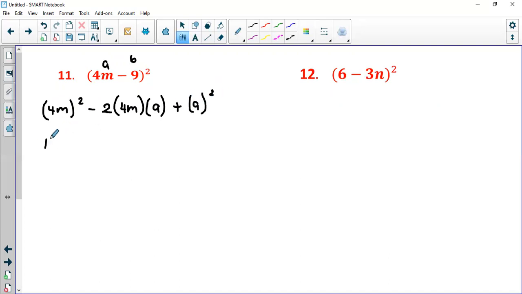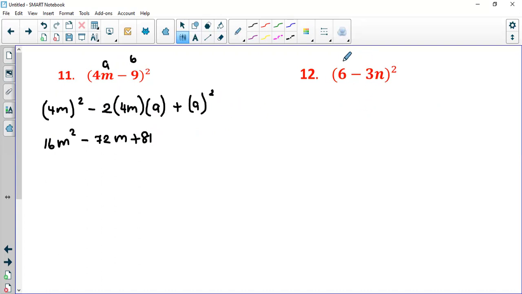So this is going to give us 16m squared minus 72m plus 81. How 72m? 2 4s are 8, 8 9s are 72m, and then 81.